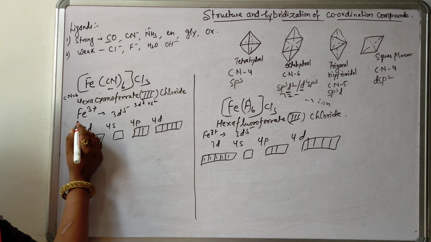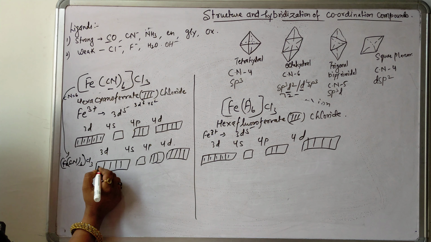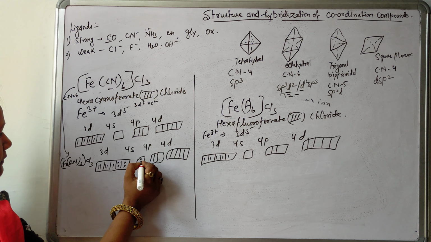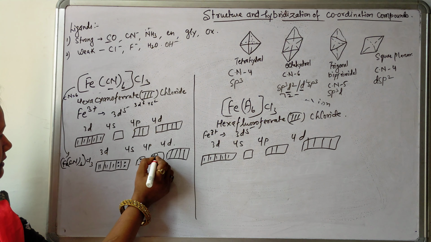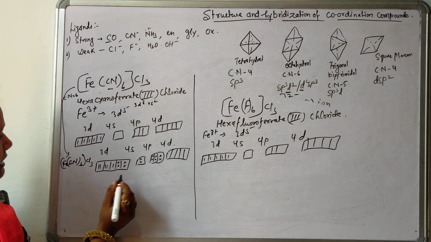How many electrons will be paired? 1, 2, 3, 4, 5. Okay. Look here. Electrons will be pushed inside the d orbital. Okay. Now 2 orbitals of the 3d will be left for filling the electrons of the ligands. Here the hybridization will come.